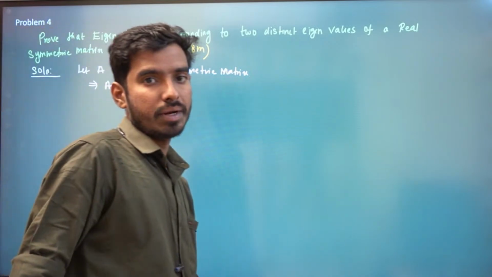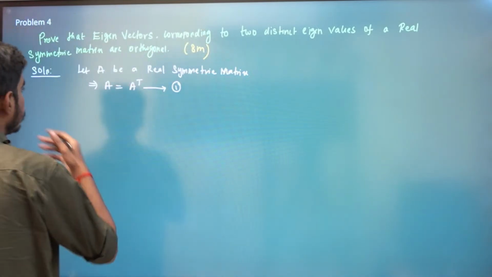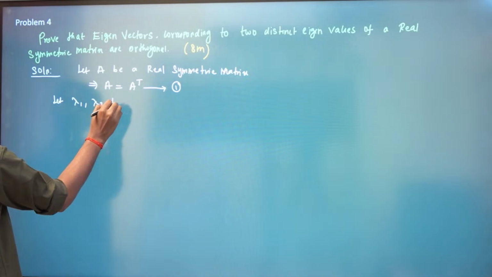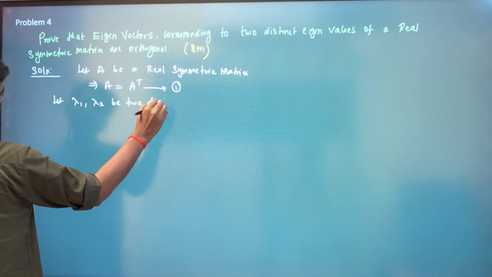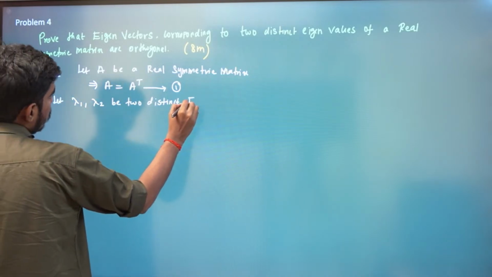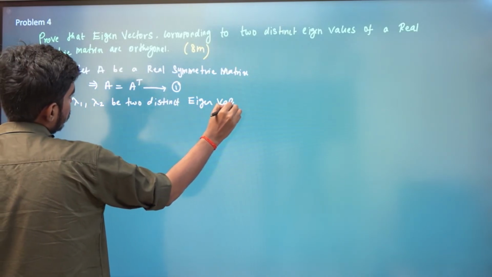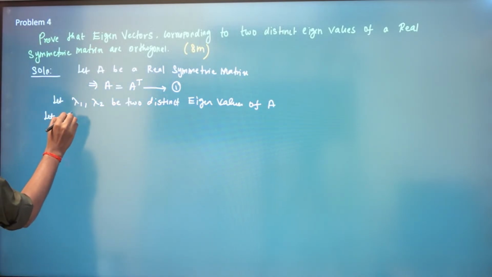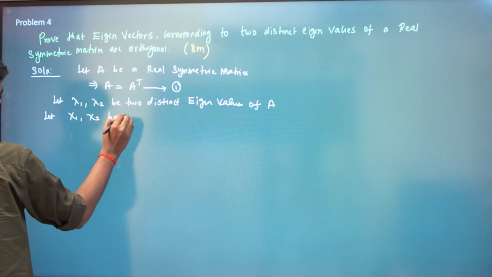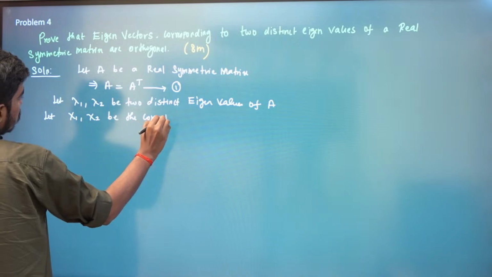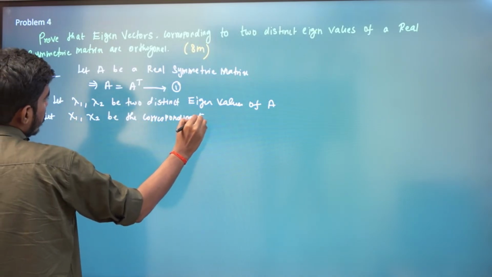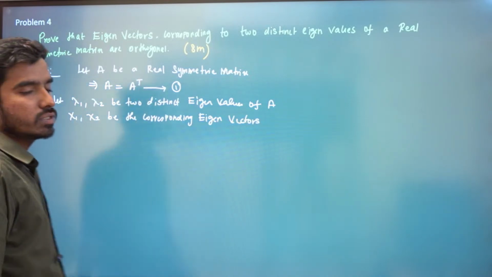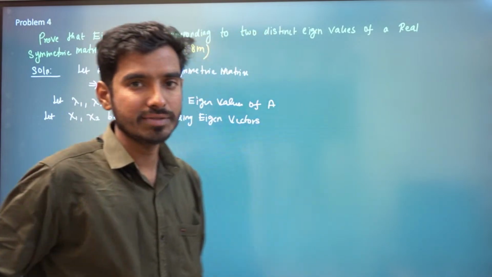Now, let lambda 1 and lambda 2 be two distinct eigenvalues of A, and let x1, x2 be the corresponding eigenvectors. That is, for lambda 1, x1 is our eigenvector, and for lambda 2, x2 is our eigenvector.